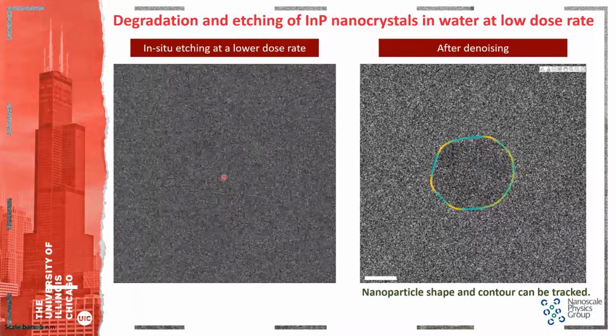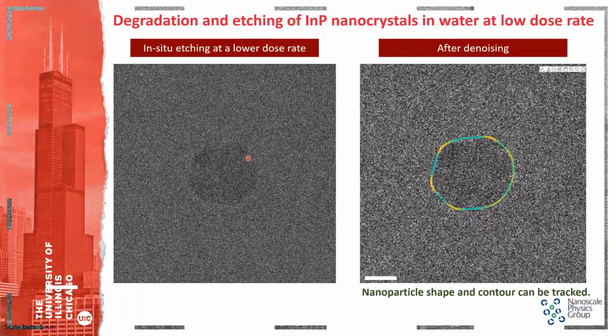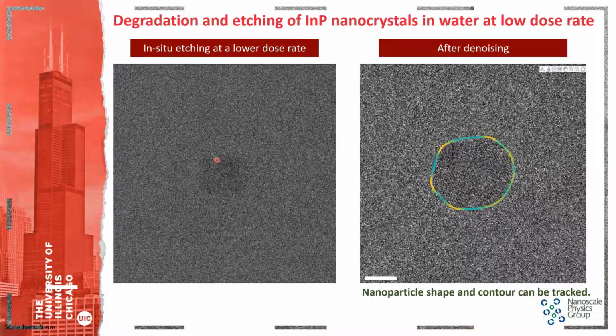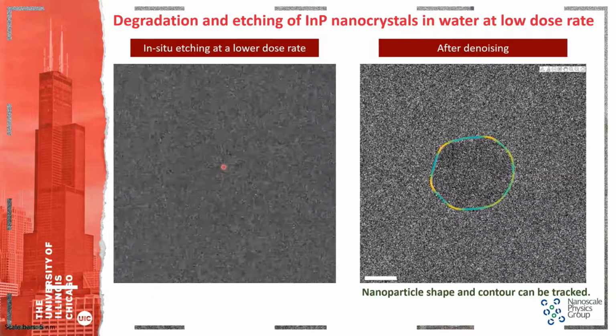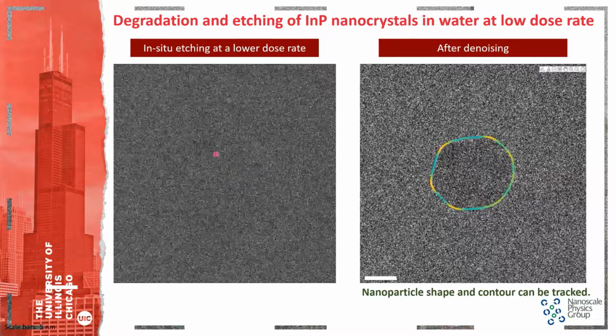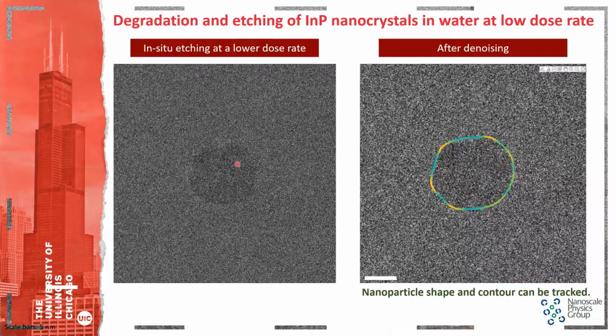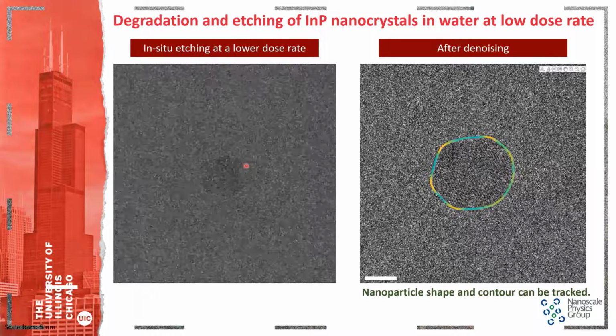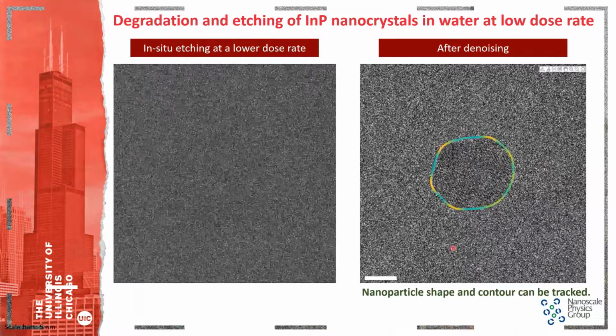The video runs on repeat, and this is unprocessed data, so you can see some atomic resolution in there, and we can clearly see how the particle etches away as a result of electron beam exposure.